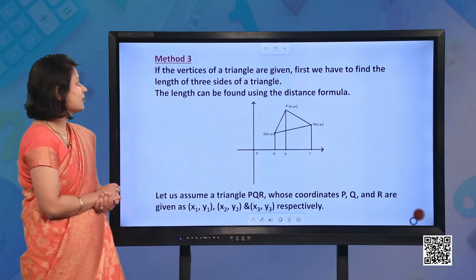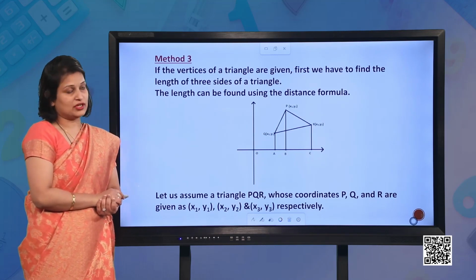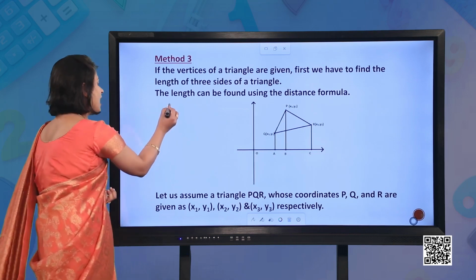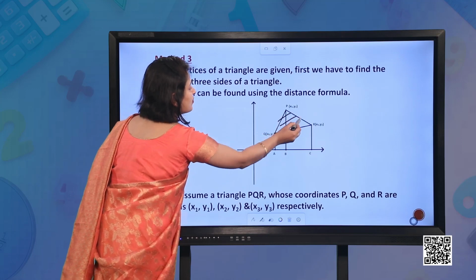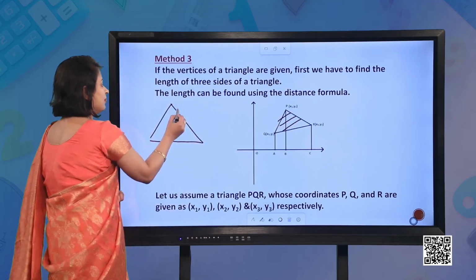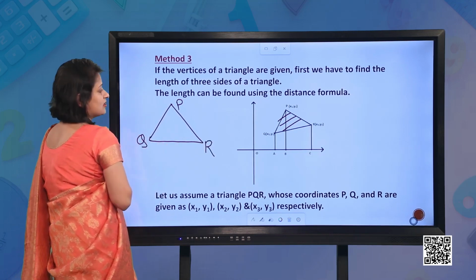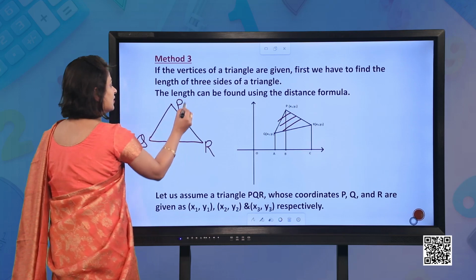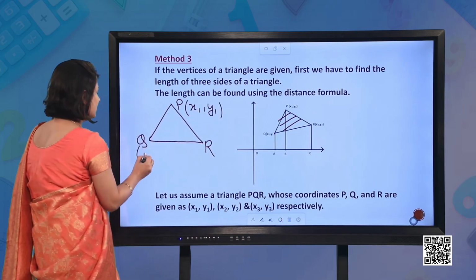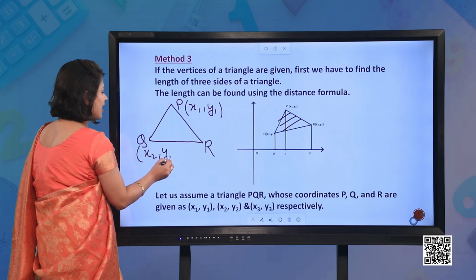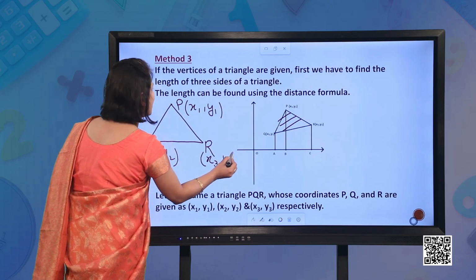Now method 3: if the vertices of a triangle are given. Means, if I have a triangle, as you can see over here, this is triangle PQR, and you know the vertices: P as x1, y1, Q as x2, y2 and R as x3, y3.